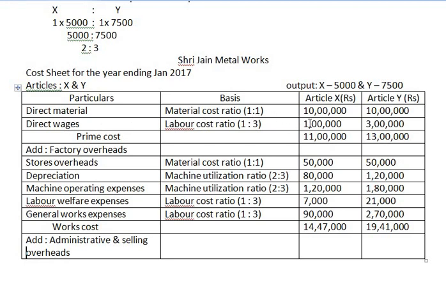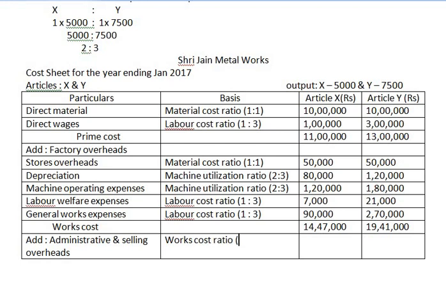Okay, it means you need to find the ratio of this amount. Suppose administrative overheads is not suitable for any ratio, then you need to consider works cost ratio as the basis.